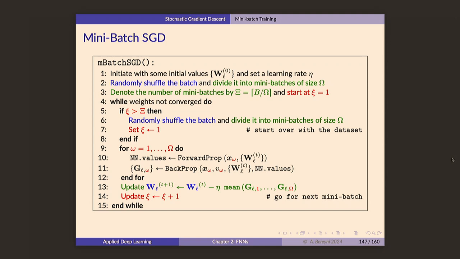Everybody's clear? Question: I didn't understand why we need this gamma to increase during the time. Yeah, exactly, this one. This is the index of mini batch. So you have your whole batch of data: data number 1, data number 2, these are the data samples that you have till B. Then you collect a bunch of them, omega of them, and put them in the first mini batch.